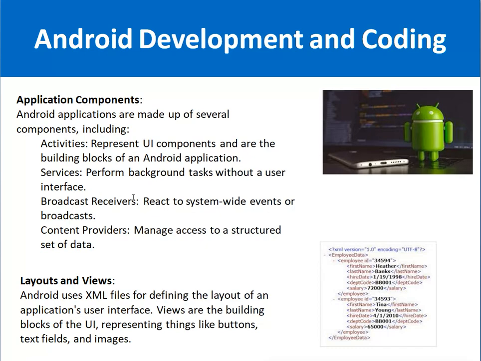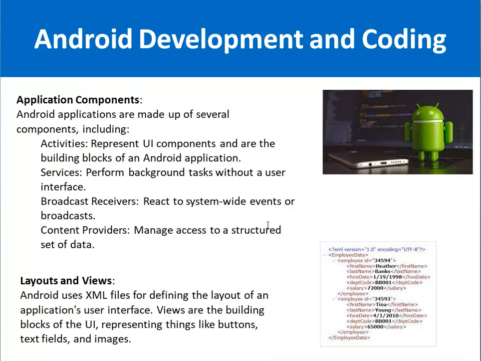Broadcast receivers react to system-wide events or broadcasts. Content providers manage access to a structured set of data. Basically, these are the basic building blocks of the application components which are included in every Android application. Then the layout and the views.